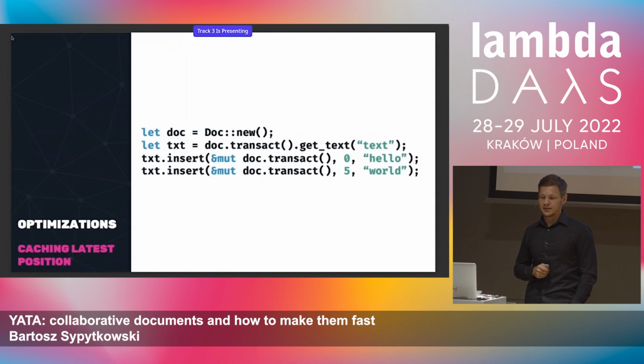And the idea here is all about really inserting a few pieces of text one after another. The problem is that this is what the user sees, but translating between those indexes and those block IDs can take a while, right?